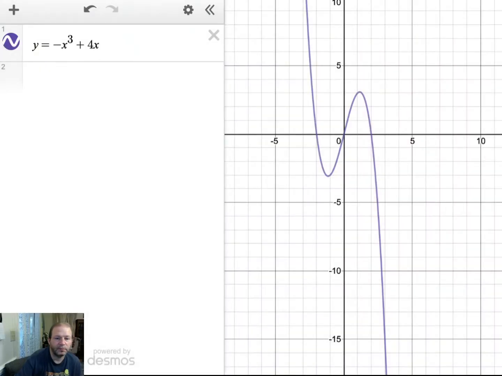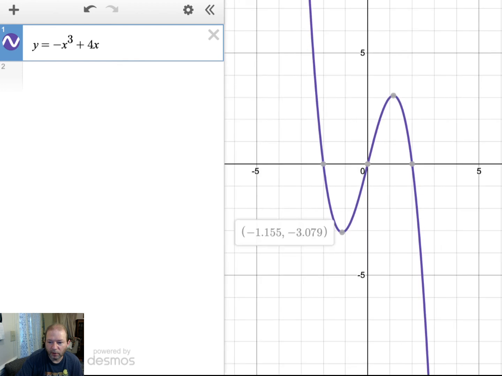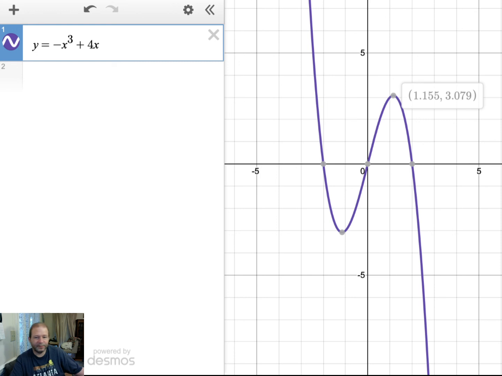And if we look at this on Desmos, yeah, 1.155. That's one of them, and the other one is the same thing but with the positive.